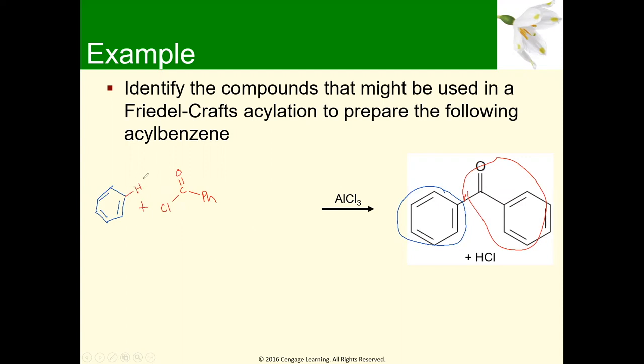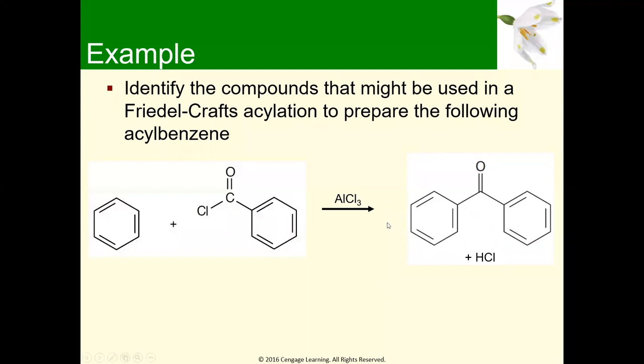So that hydrogen and that chlorine are going to form this HCl. And in the meantime, I'm going to form that connection between that carbon of the carbonyl and that position in the benzene ring. So it's a substitution. I substitute out that hydrogen for this acyl group. And that's what gives you the product. All right, so once again, just to make it look prettier, I think I've got it. Yeah, there we go.